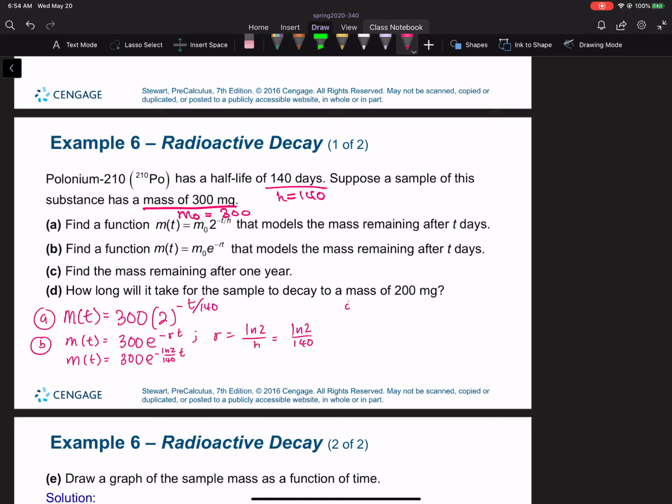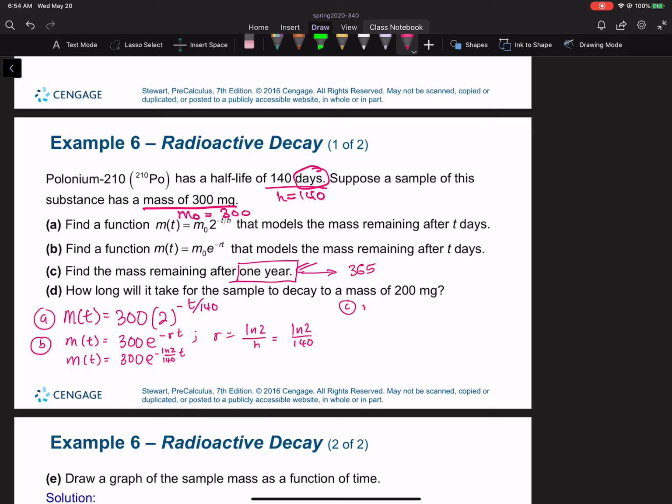Let's look at C. C says find the mass remaining after 1 year. So we have a little unit conversion to do over here. The half-life is given to us in days, but I'm asking you to find it in years, so you need to convert that to 365 days.